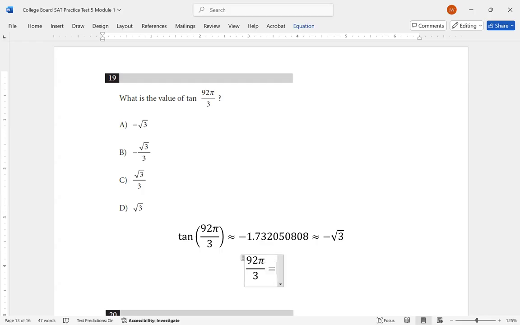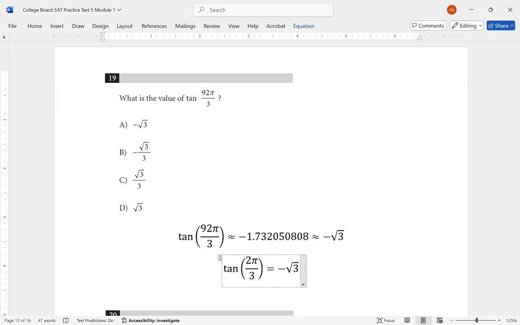So it's the same ending angle as 2 pi over 3. And then you'd have to figure out what the tangent of 2 pi over 3 is. If you knew what the unit circle looked like, then you could say, oh yeah, that is, based off the unit circle, negative the square root of 3.